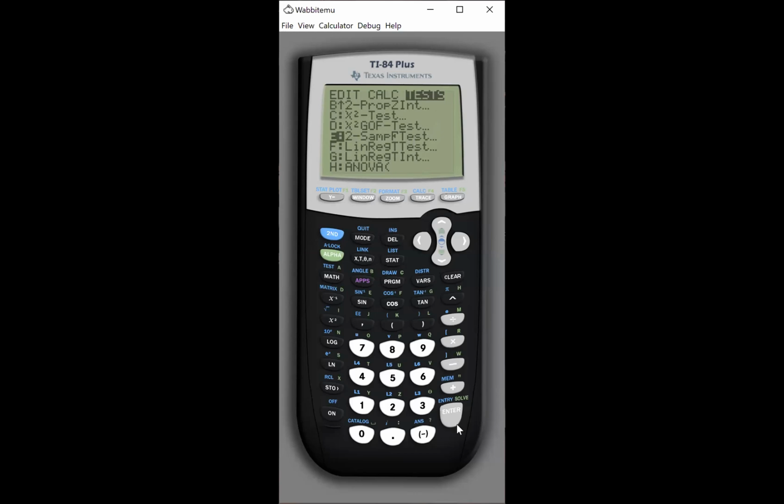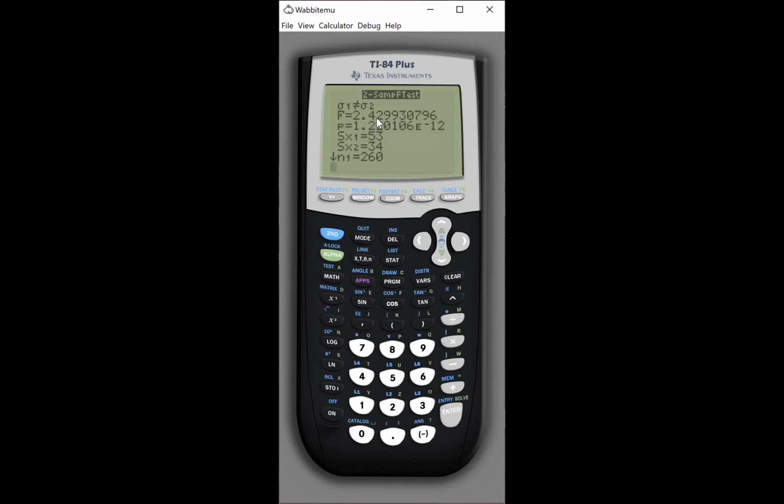Oh, two-sample F test. For s1, we said it was 53. n1 was 260 people. For s2 the standard deviation was 34, and that one had a sample size of 269. Lastly, if you remember, we put not equal to, so let's keep the trend going, not equal to. Let's go to calculate.